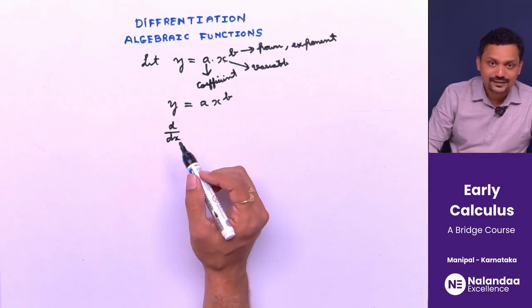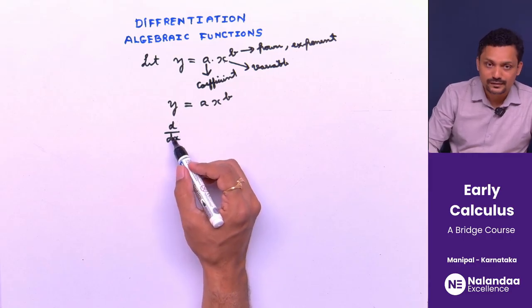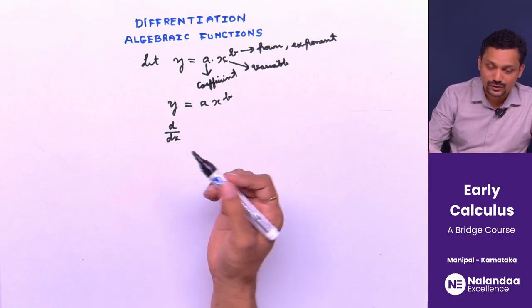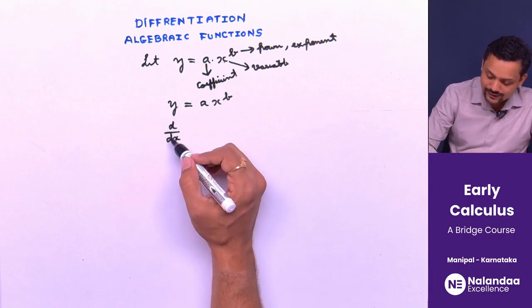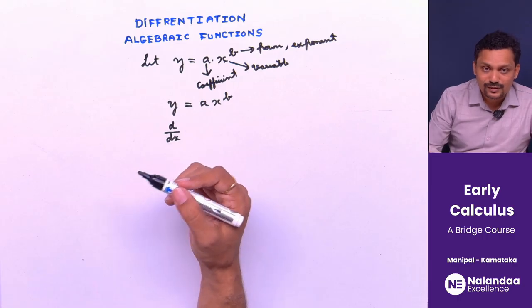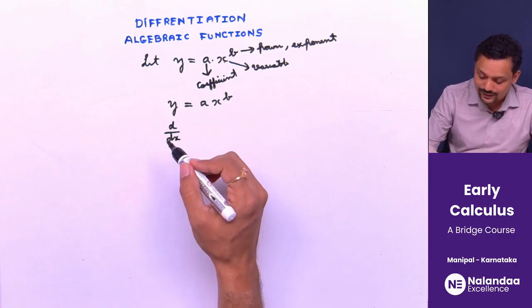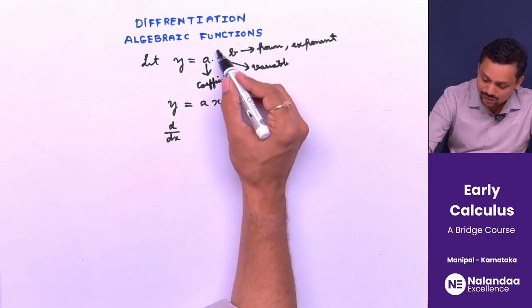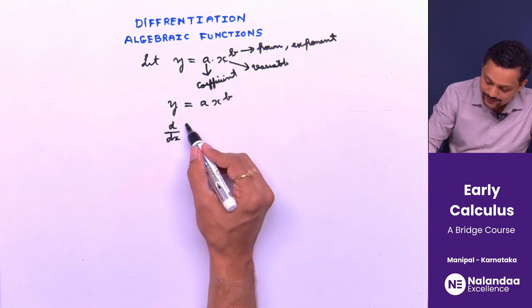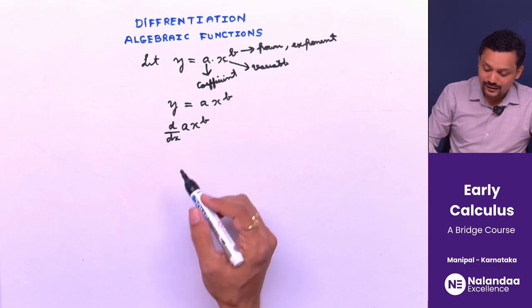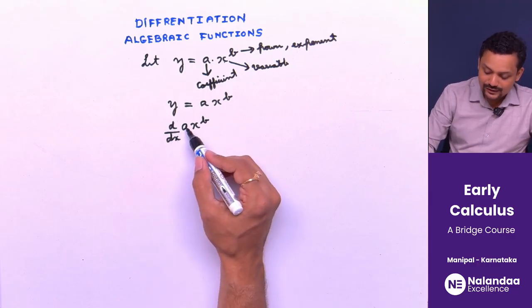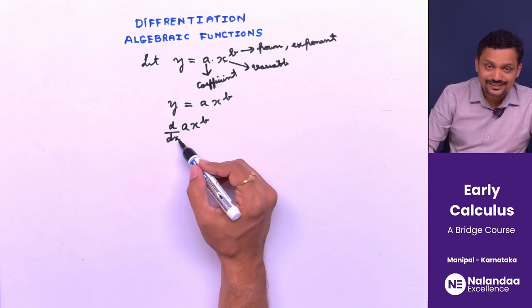So as I said students, this is an operator, just like how you have square root. So d by dx is an operator, and just like square root acts on a number like square root of 25, this d by dx will act on this. So d by dx of a x power b. So we say the derivative of a x power b with respect to x.